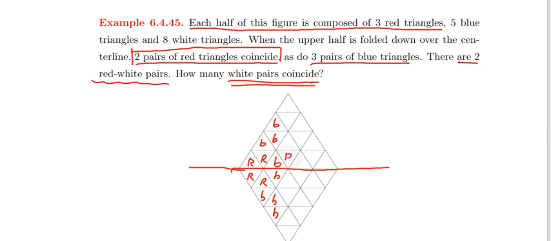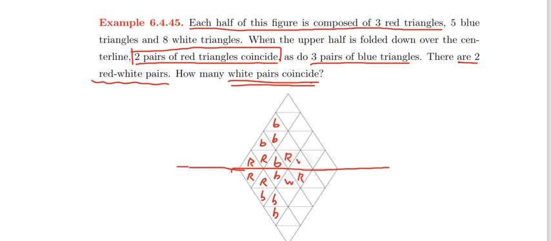Here this one is red, and then they are two red-white. Each half has three red, so here we already have three R. So we put this is R, and we have three red in this half.